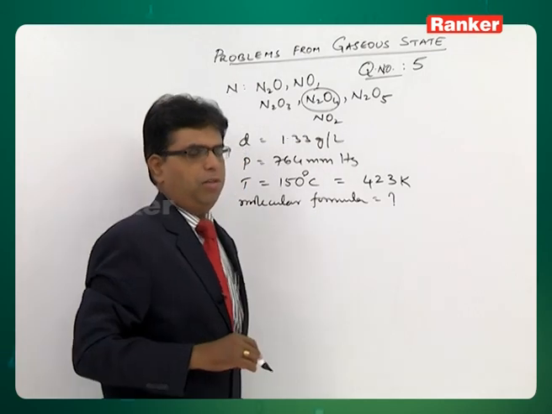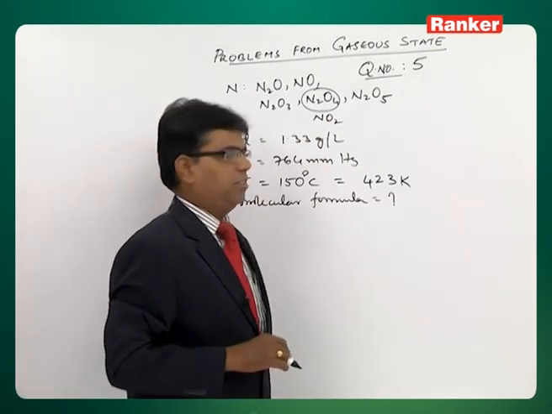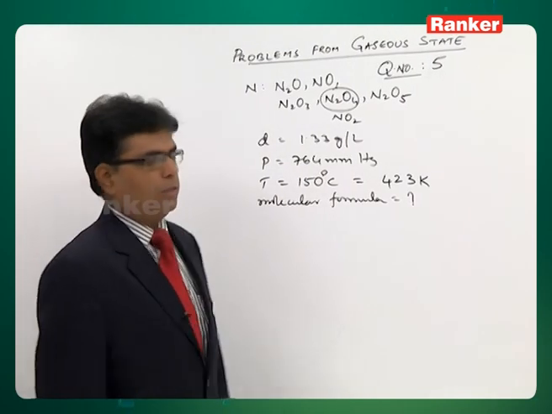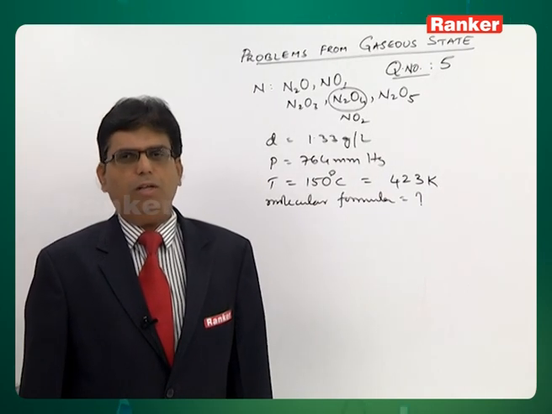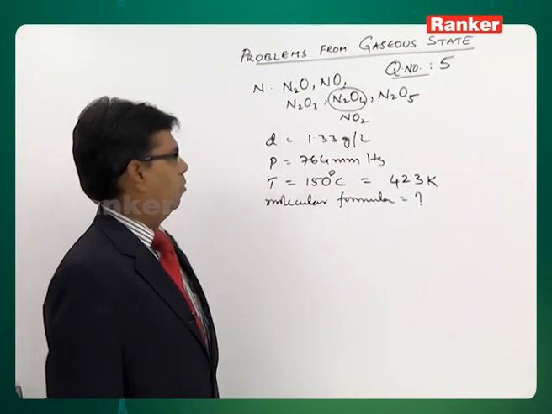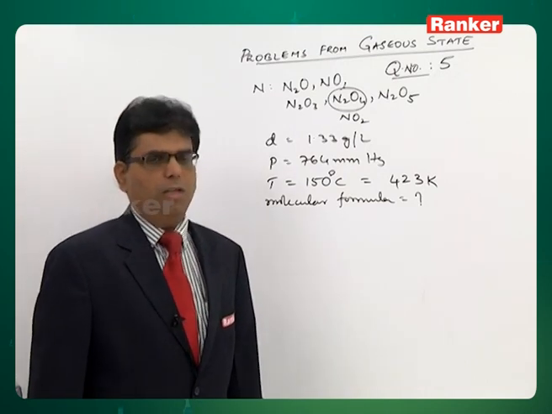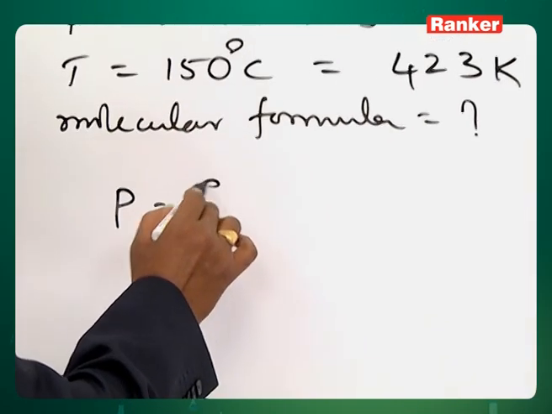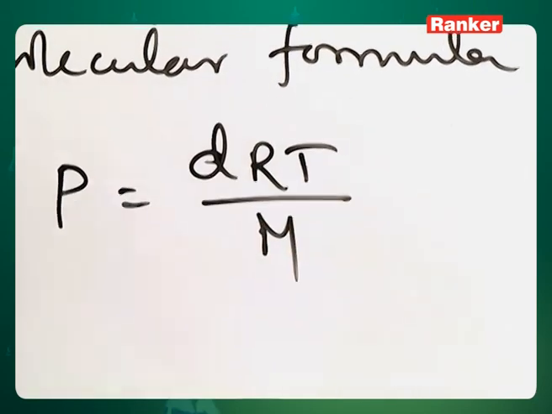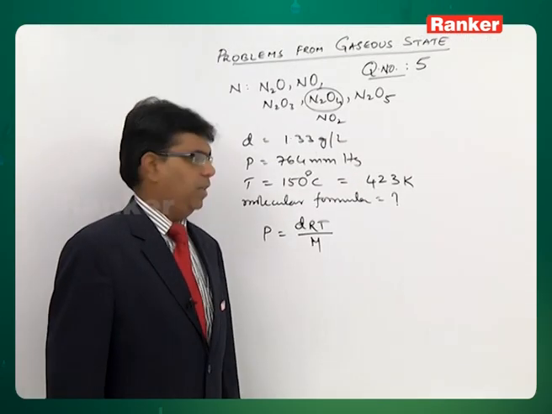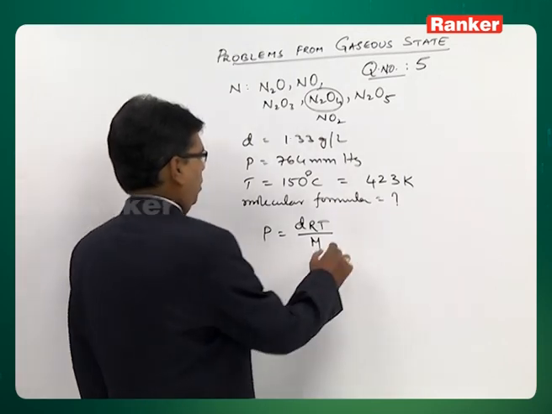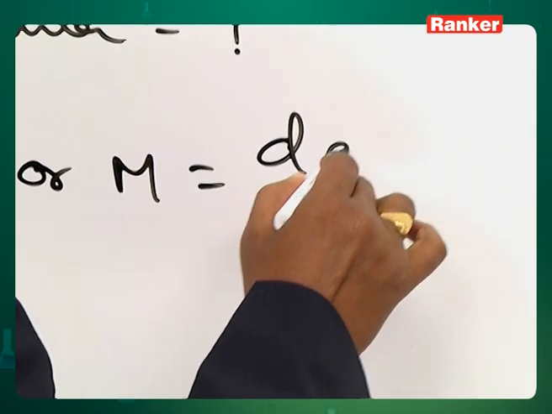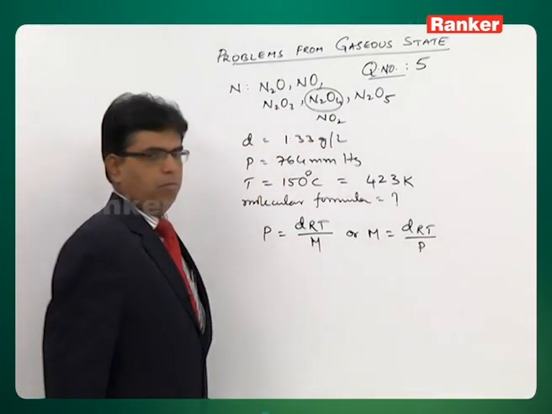For this, from the given information, that is density, pressure and temperature, what we have to determine is the molecular weight. If we know the molecular weight, then the molecular formula we can obviously understand. To find the molecular weight, the formula is, for an ideal gas, P equals dRT by M, or M is equal to dRT by P, where M is the molecular mass.